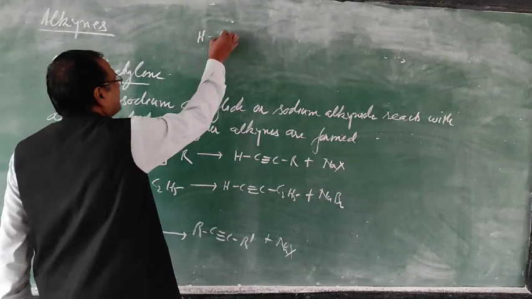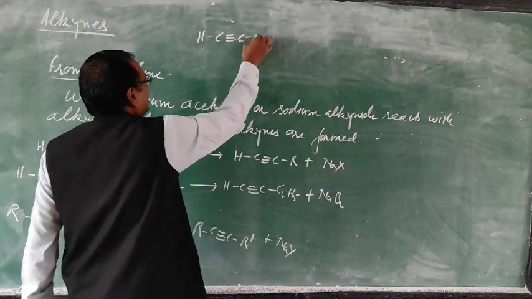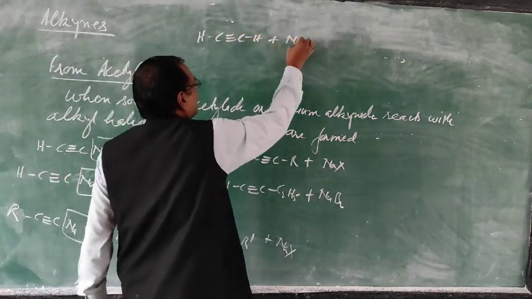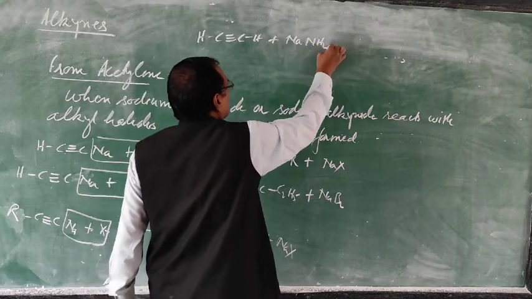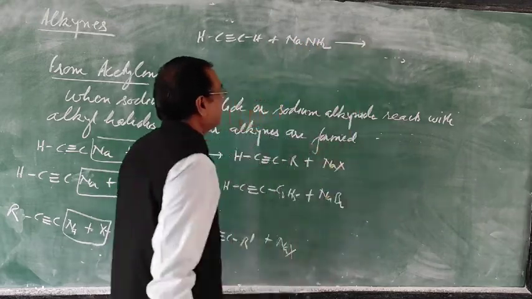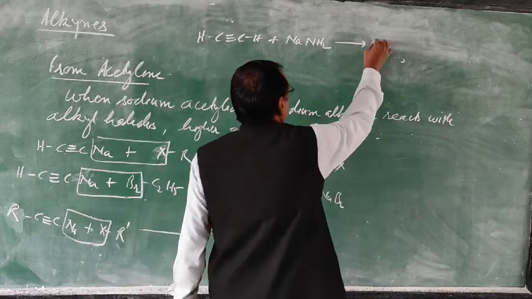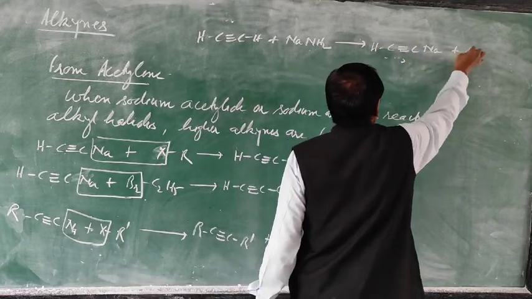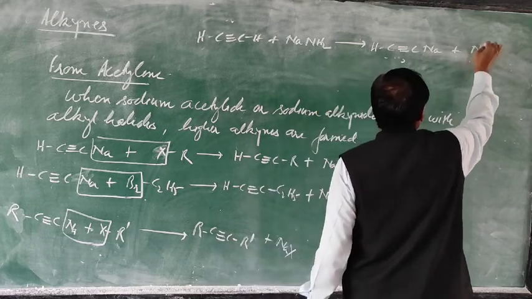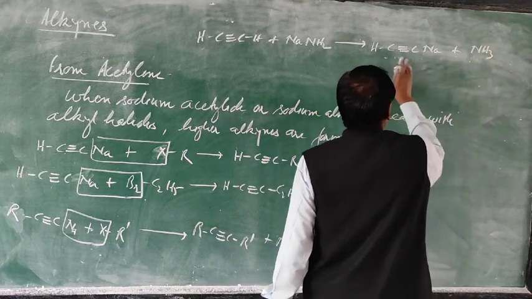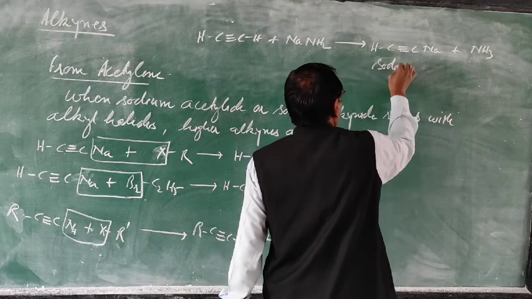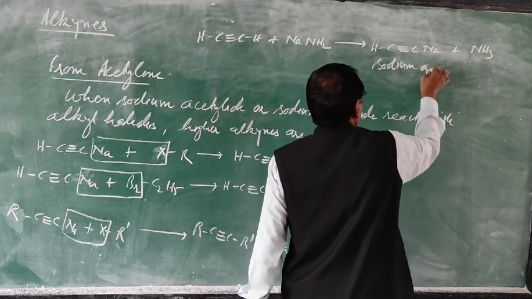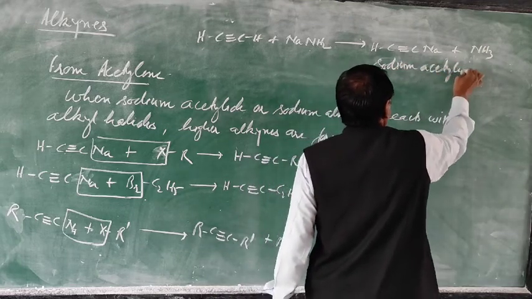So acetylene reacts with sodamide NaNH2, and this will form HC triple bond C Na and NH3. So by this way you can get sodium acetylide.